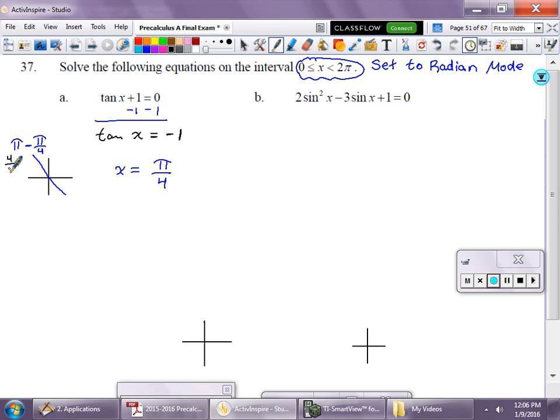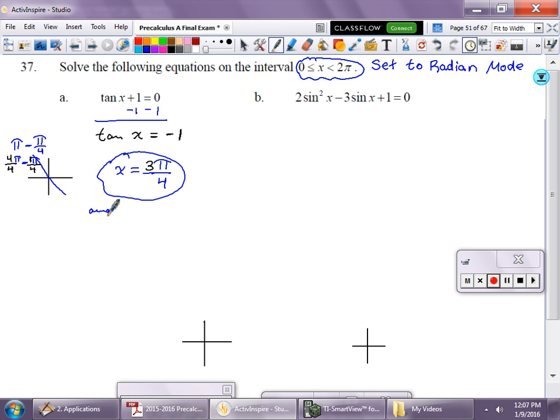We talked about it, the denominators have to be the same. So it's 4 pi over 4 minus 1 pi over 4. And 4 minus 1 is 3. Very easy. That's your first theta value or x value.